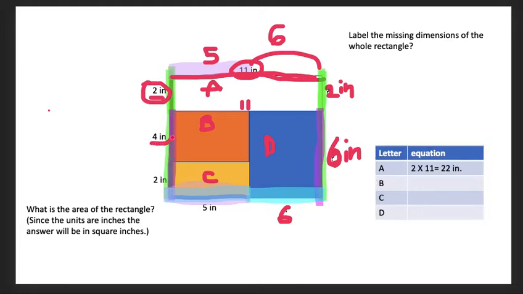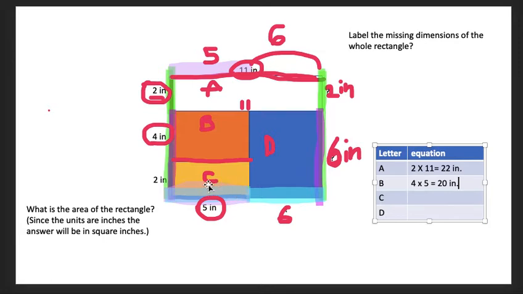Yep. 4 times 5, because this side right here is 5. So I'm going to type 4 times 5, and that equals 20 inches. Boom.